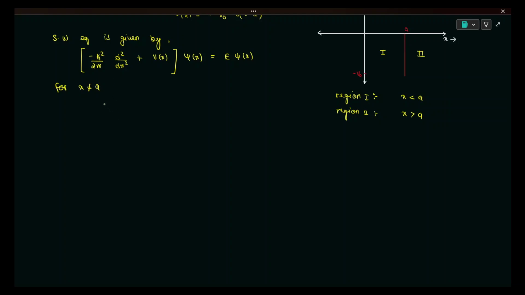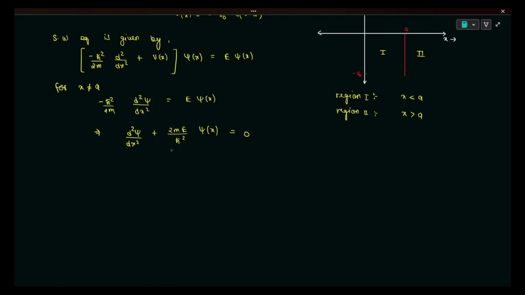So this Schrödinger wave equation will become minus h cut square divided by 2m, d square psi by dx square, equal to E psi of x. I can write this in the form of a second order differential equation: d square psi by dx square plus 2mE divided by h cut square psi of x is equal to 0. So this is the second order differential equation.